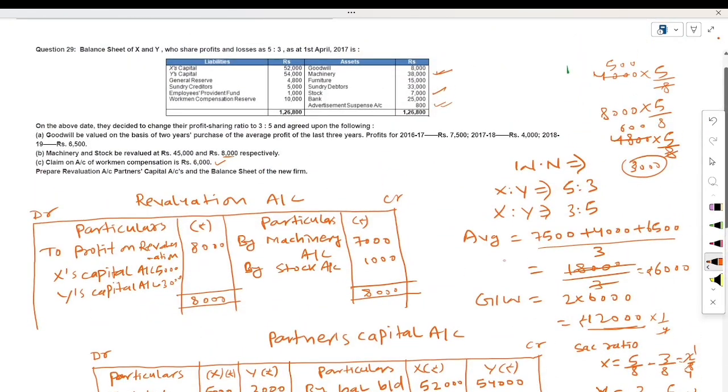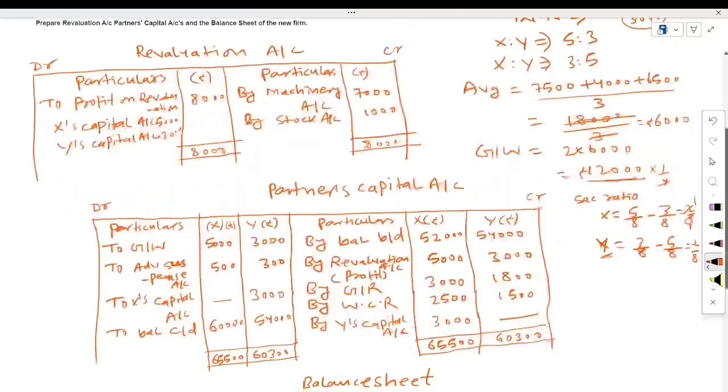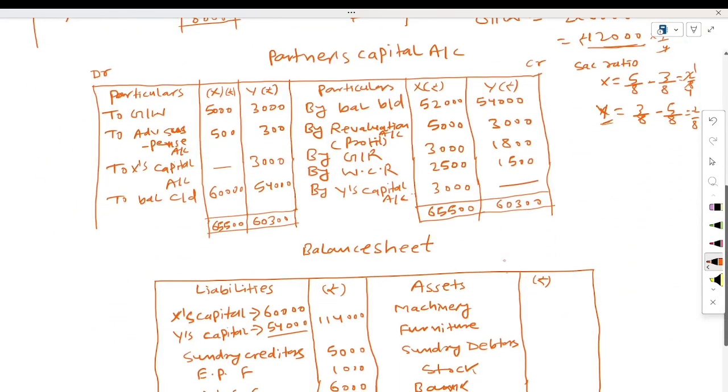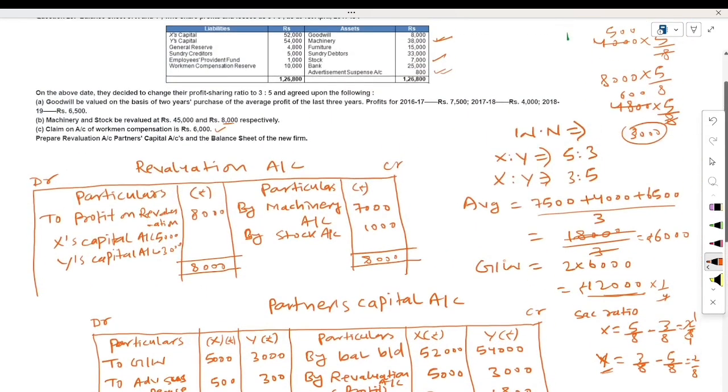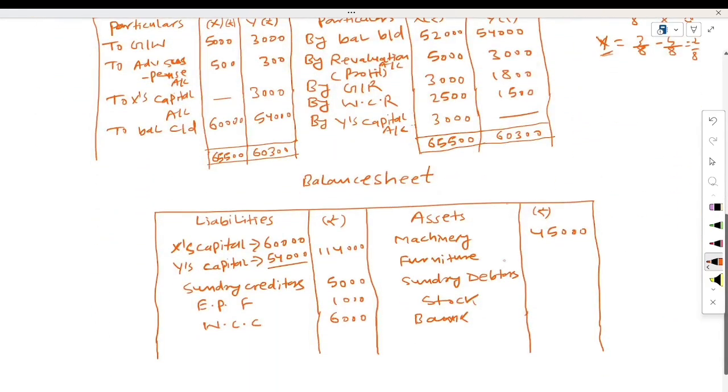Machinery. Here the value of machinery was 38,000, but it was revalued at 45,000. Means we will write here the new value of machinery, which is 45,000. Value of furniture was as it is. So we will write as it is 15,000. Value of furniture how much? 15,000.